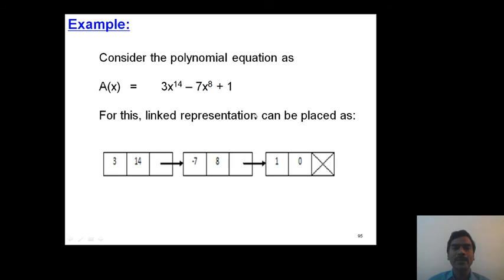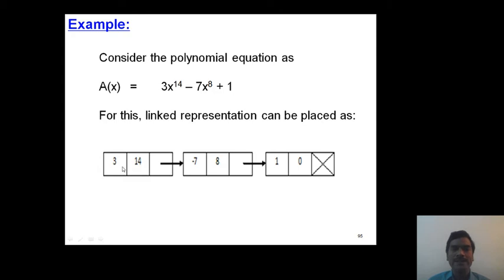Now observe this example. Now consider the polynomial equation a of x equivalent to 3x power 14 minus 7x power 8 plus 1. For this, it can be represented in terms of a linked list as, now it consists of 3 elements, hence we design 3 nodes.